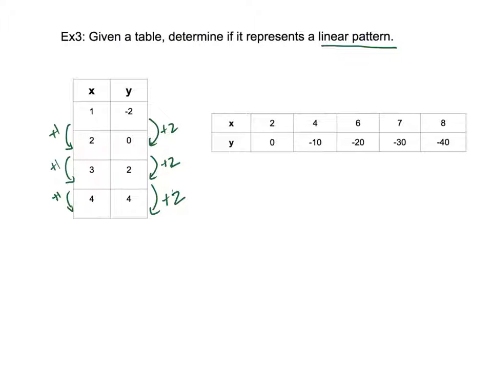So in this case, because the x and the y both are increasing by the same number, that means that the slope is going to be the same or constant. Because remember, slope and rate of change are the same, and slope is made of x's and y's. So if the x's and y's are increasing by the same rate, then the slope is going to be increasing by the same rate.